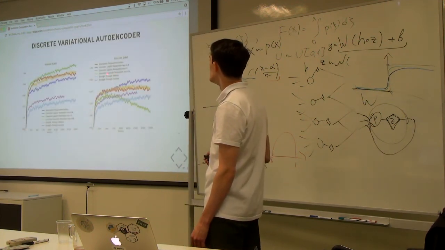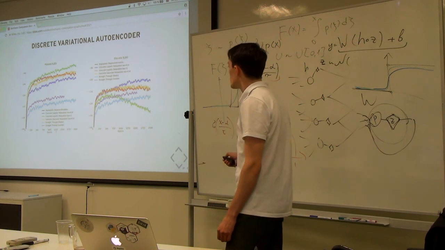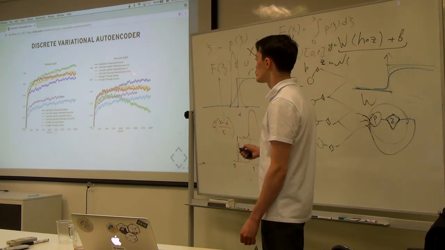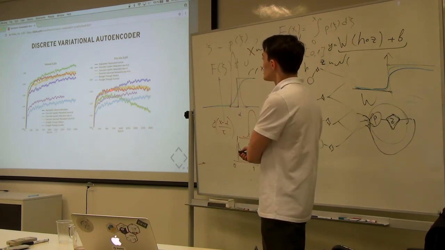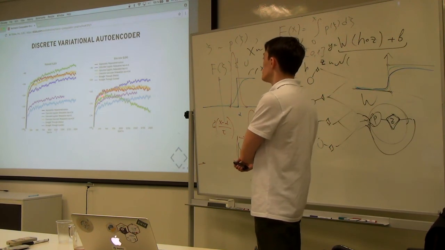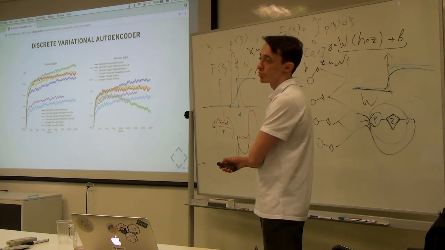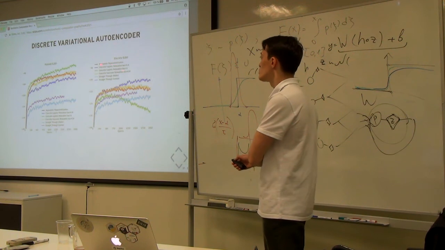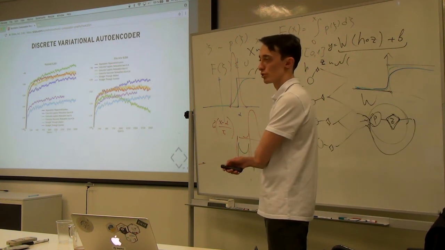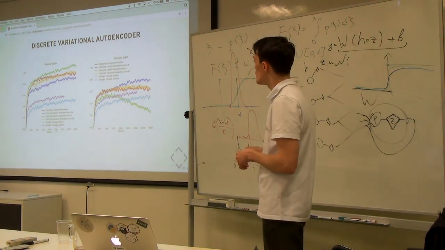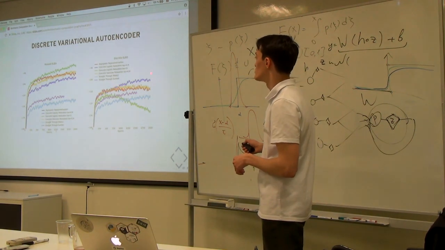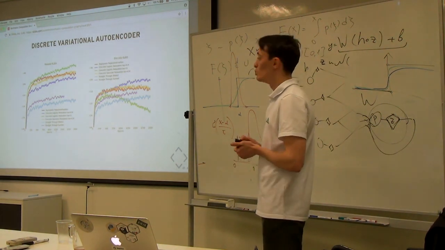That's this yellow line. It uses the Gaussian distribution with temperature 0.4. And probably if you adjust the temperature accordingly, there is no reason to believe that the same temperature will work for different distributions. Maybe then you can have the same performance as the blue line.